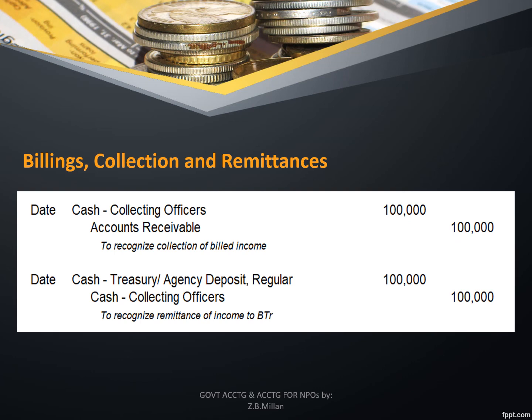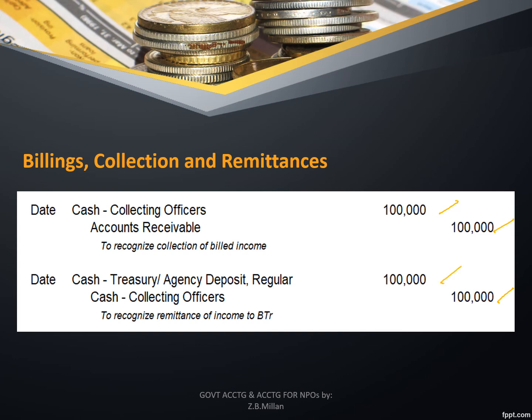Pagdating naman ng collection, debit natin yung cash with the credit doon sa receivable account, after which, yung ating cash collected by the collecting officer shall be remitted doon sa agency deposit or treasury.